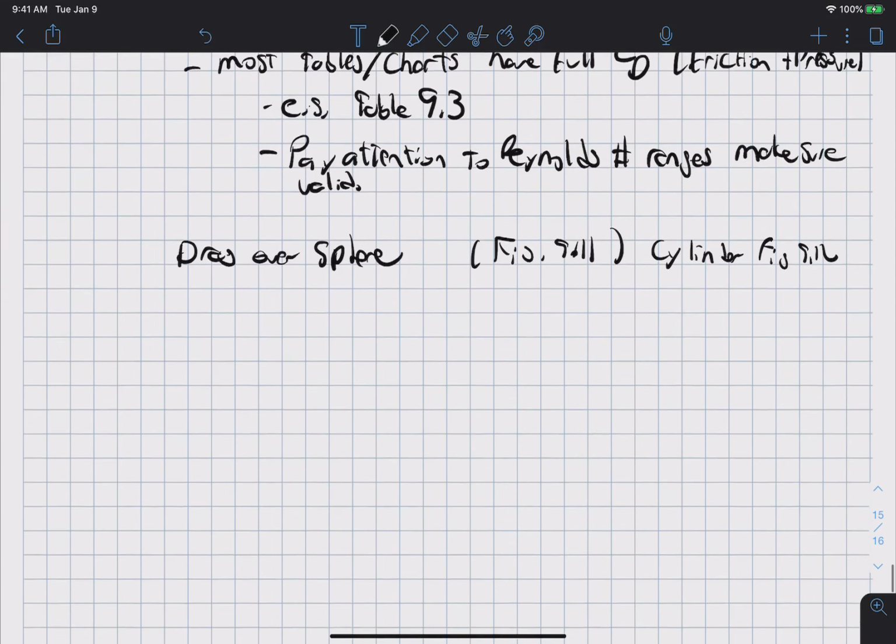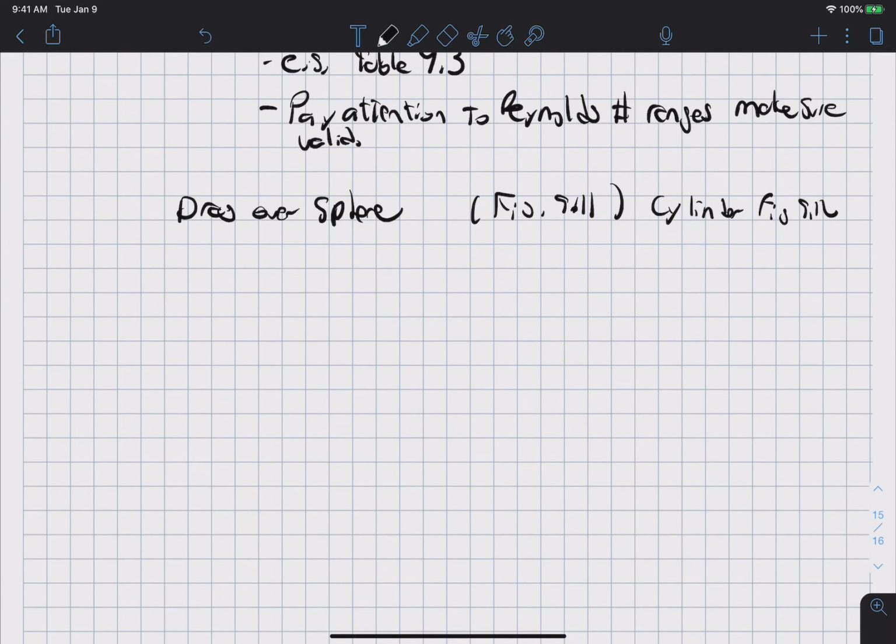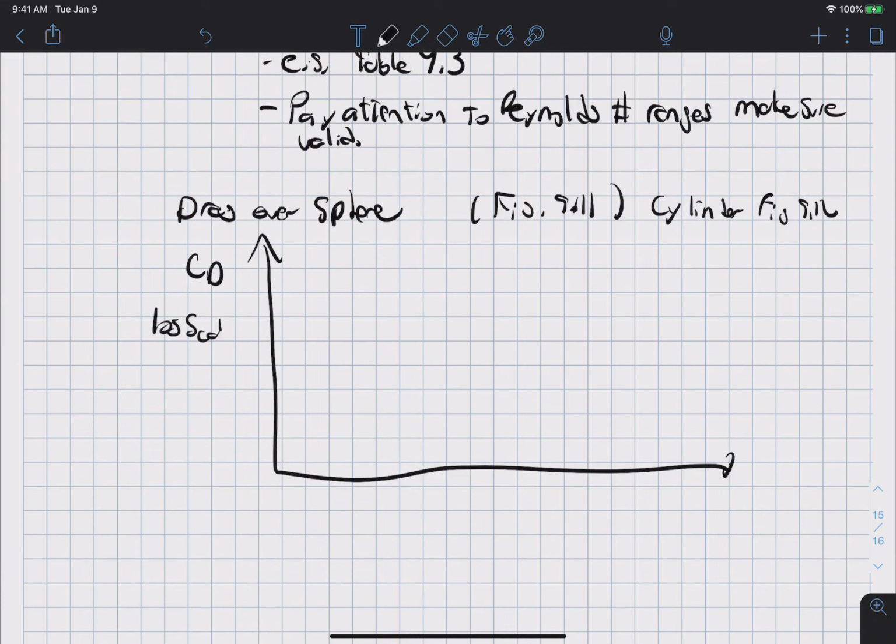For the exact numbers, I will refer you to the book, but here I'm just going to qualitatively draw this CD. This is log scale, and this is Re, and again, this is log scale.